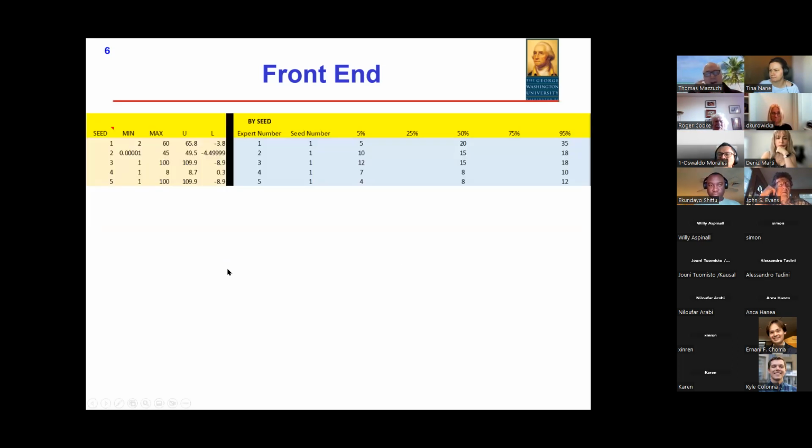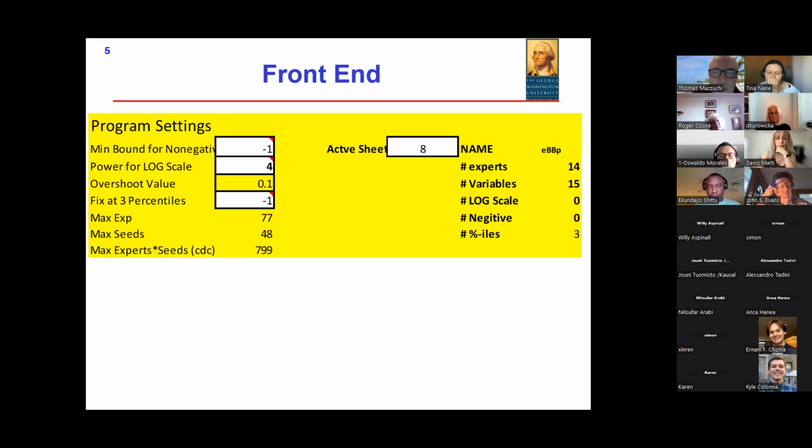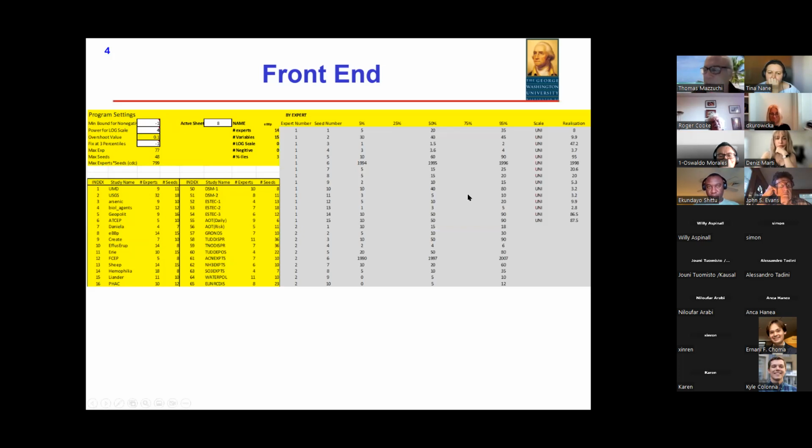The rest of front end, as I go to the right, will number right now. When you read it in, all of these things are the way the data sets are entered, which is expert first, then realization 1, 2, 3, 4, 5, 6, then the next expert 1, 2, 3, 4, 5, 6 for the seed variables, and so forth. It's a little easier to reorder them by seed variable.